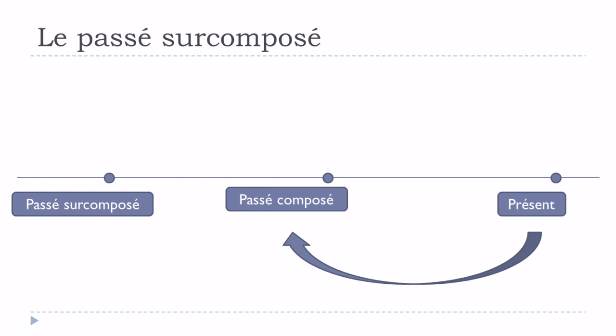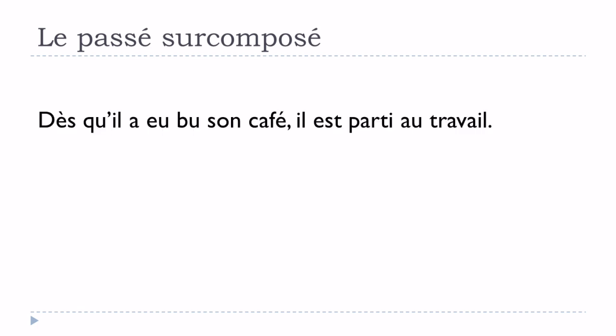And then if you want to, as I said, express something that happened before this passé composé, it's le passé surcomposé. So the present, le présent, and then the past, le passé composé, and even before, le passé surcomposé.